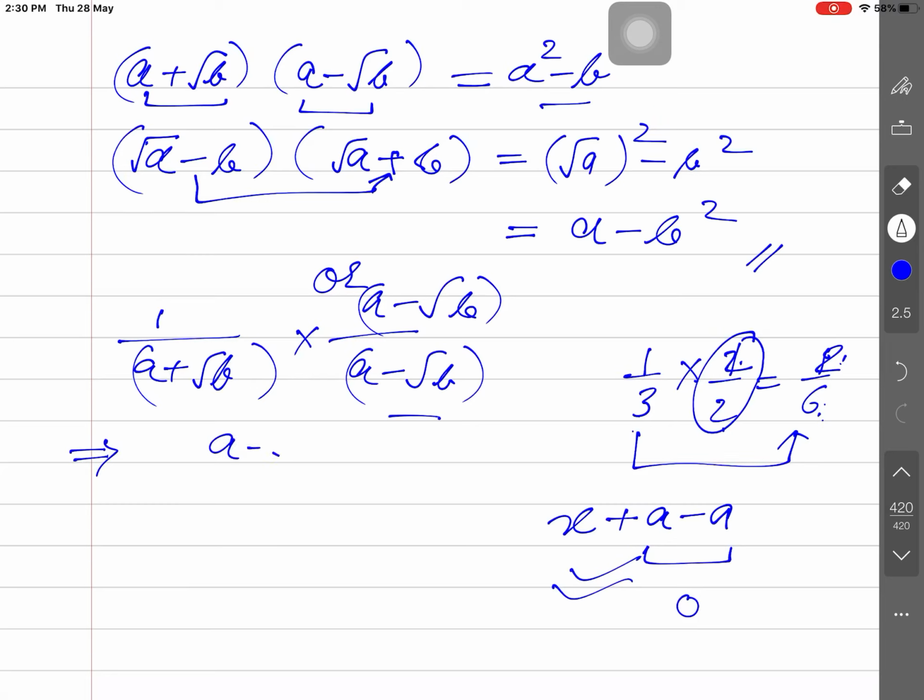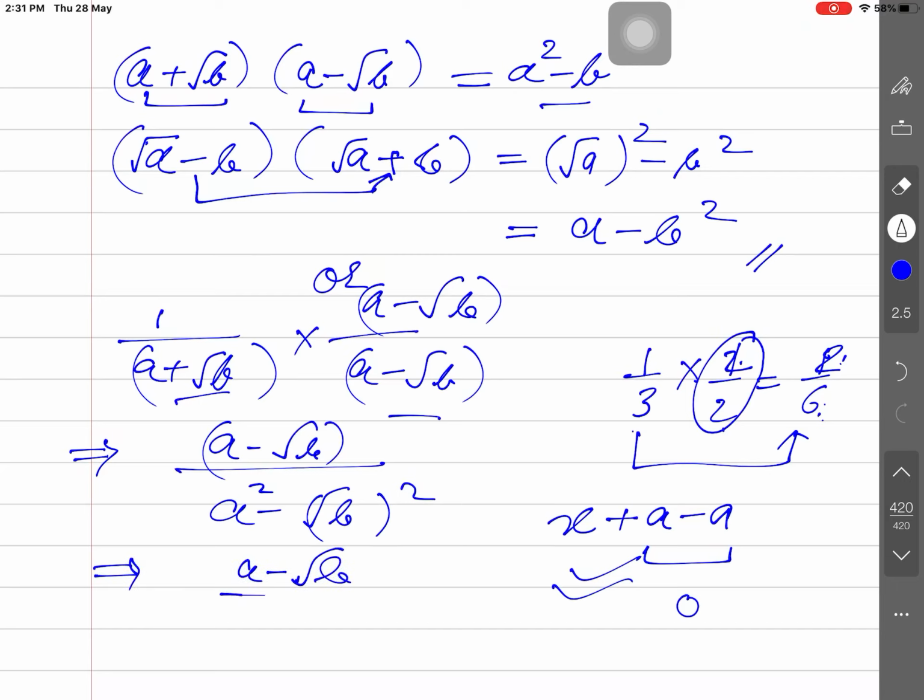The denominator will be a square minus root b whole square, that is a square minus b. See this, what's going on here?